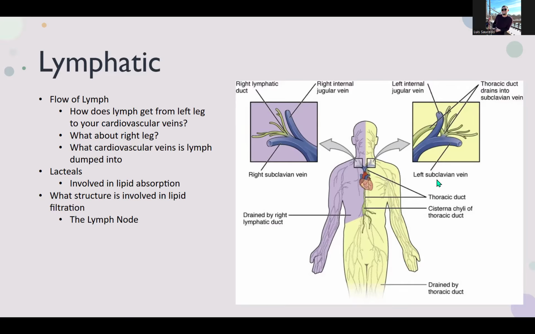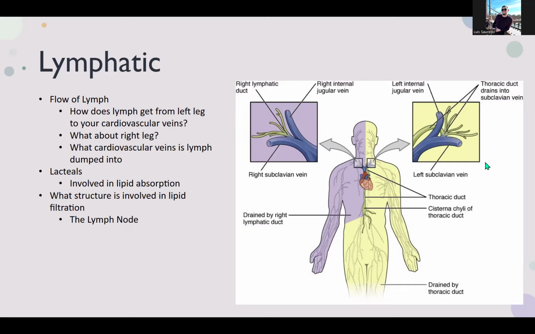The biggest thing to remember is that we drain into the left and right subclavian veins. Specifically, the right lymphatic duct drains into the right subclavian vein, and the thoracic duct drains into the left subclavian vein.